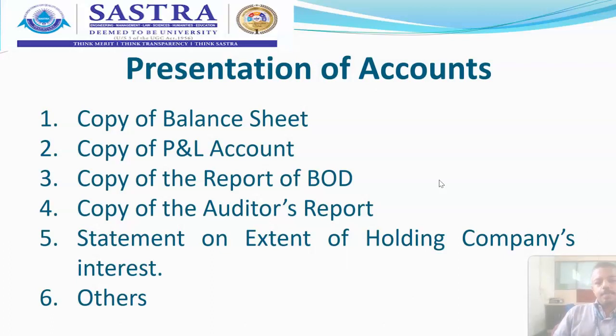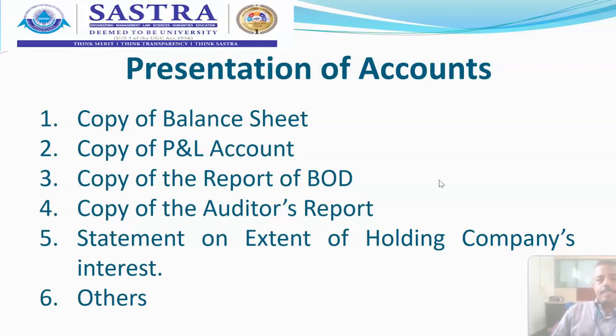It starts from 1st April and ends on 31st March. So Accounting Standard 21 is applicable to all the enterprises that prepare consolidated financial statements. So it has become mandatory hereafter.